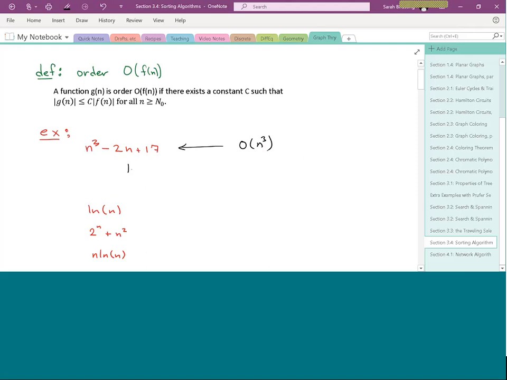So first you take the absolute value of n cubed minus 2n plus 17. And then you say, well, I can have an inequality. So what I'm going to do here is say, you know what, this is almost the same thing as looking at each of these individual parts, well, individually.